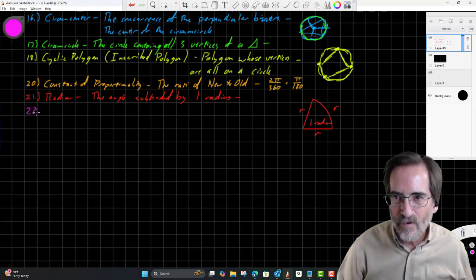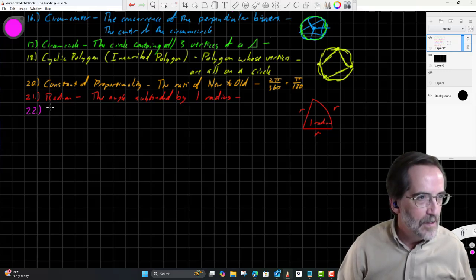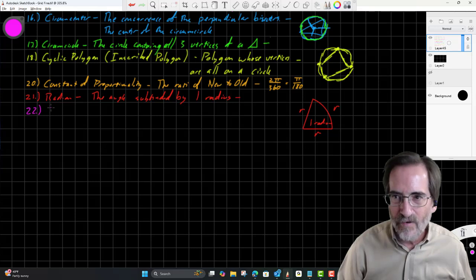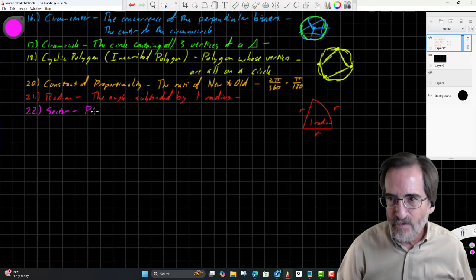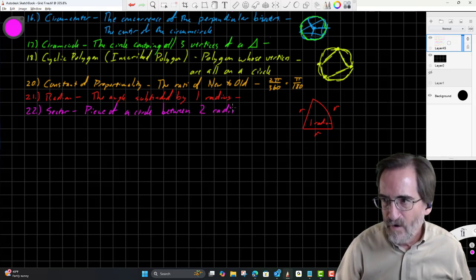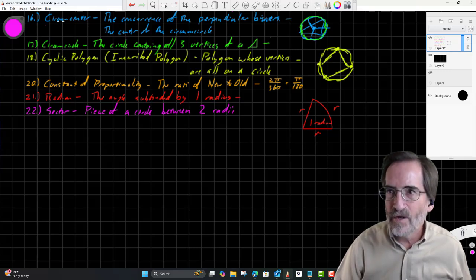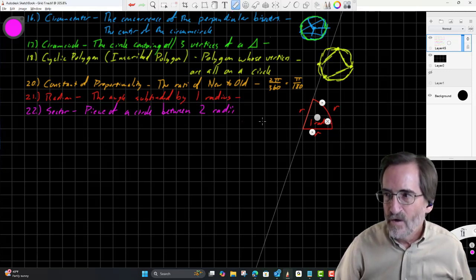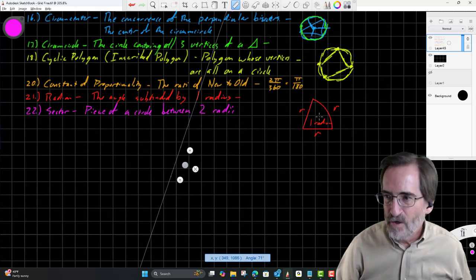Sector. Yeah, we haven't defined that yet. It's a piece of a circle between 2 radii. And since this is the last one, I'm going to draw it down below.